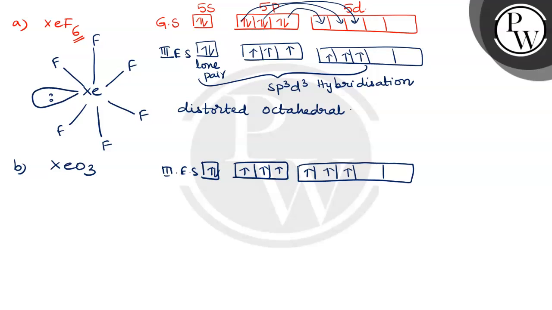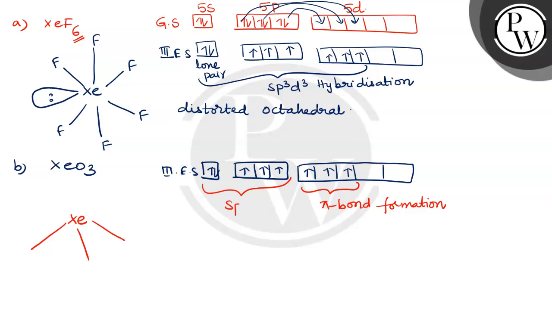Now out of 3 oxygens, first the sigma bond is formed by hybrid orbitals. And later these 3 d orbitals are involved in pi bond formation. So they leave 3 orbitals for pi bond formation. Remaining orbitals undergo hybridization, that is sp3 hybridization.